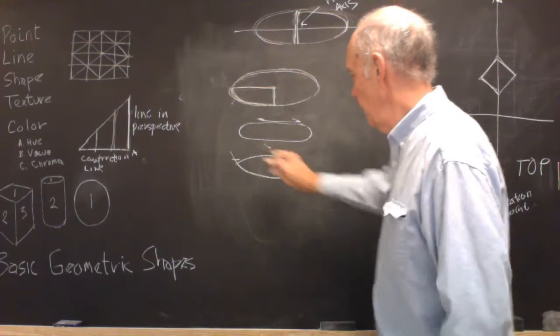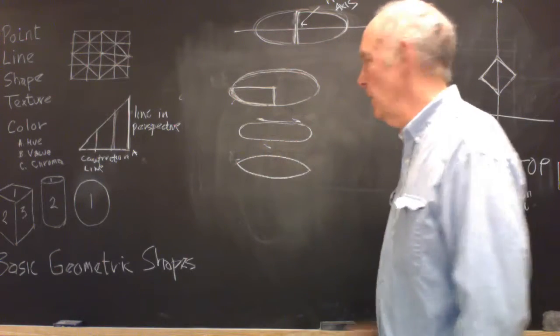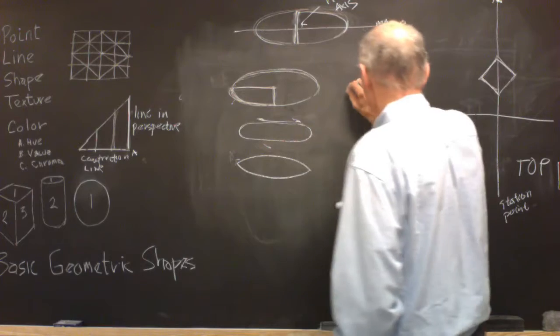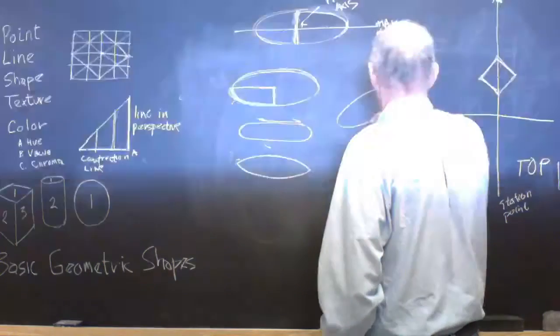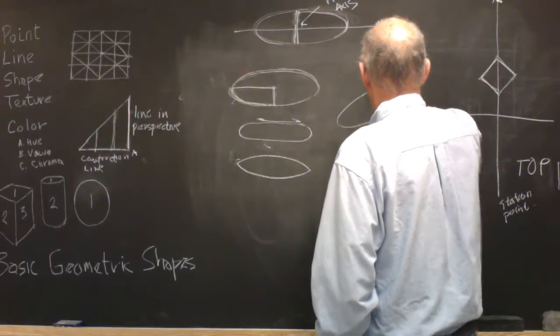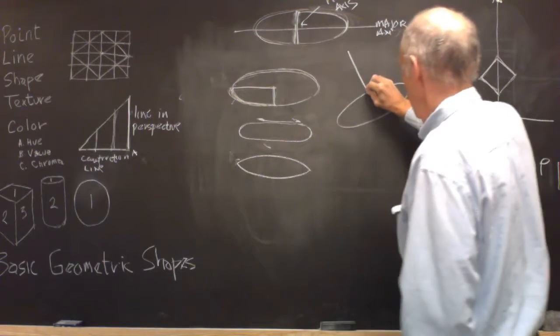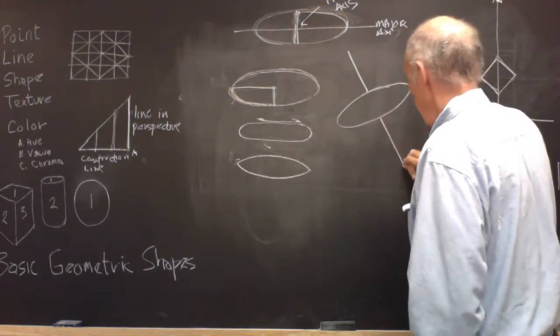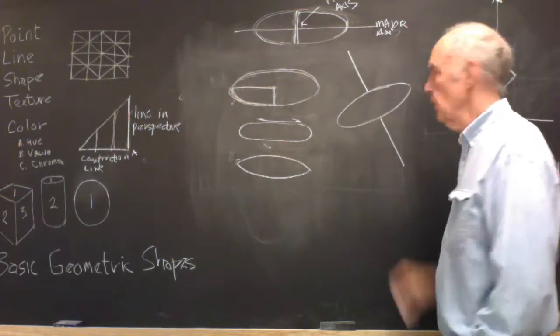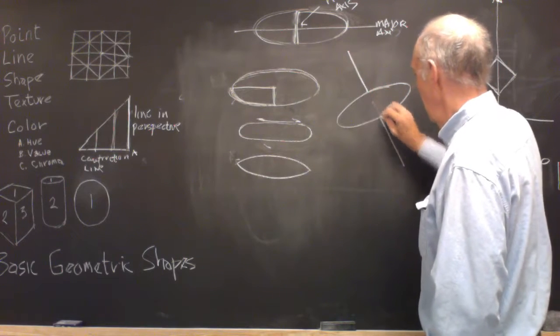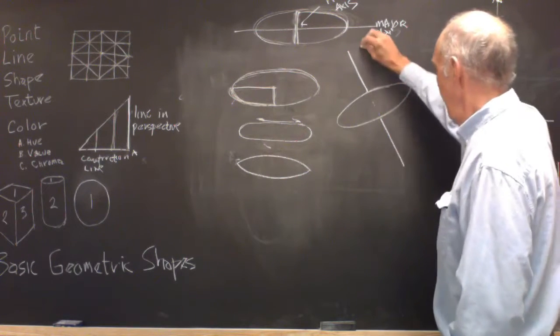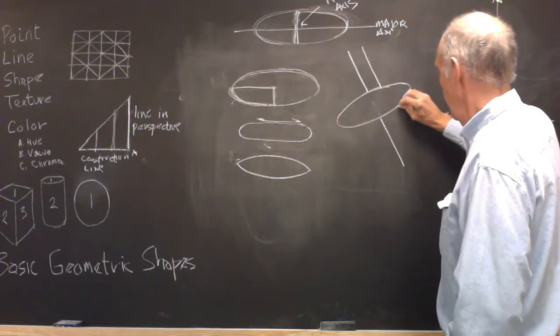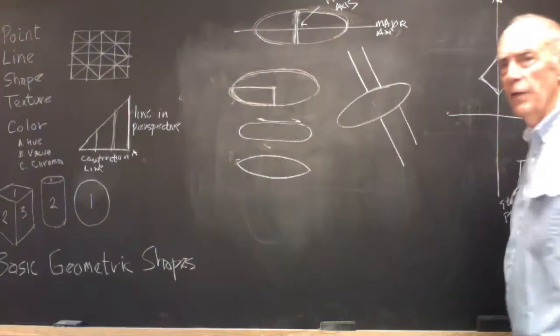Now what happens with a pointed ellipse is a line, whether you like it or not, if I have a line that starts down through here, and I pick that line up like that, you see that line is continuing on through. But if it comes out over here, that's two different lines.